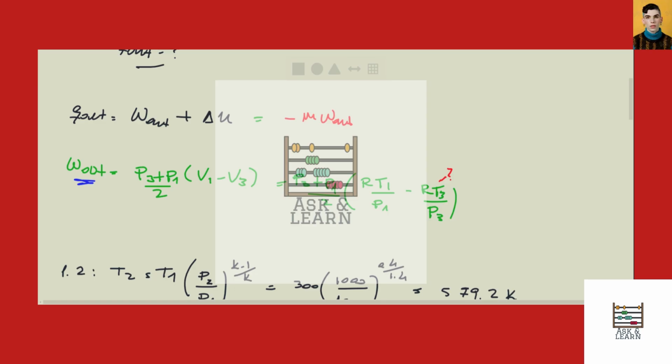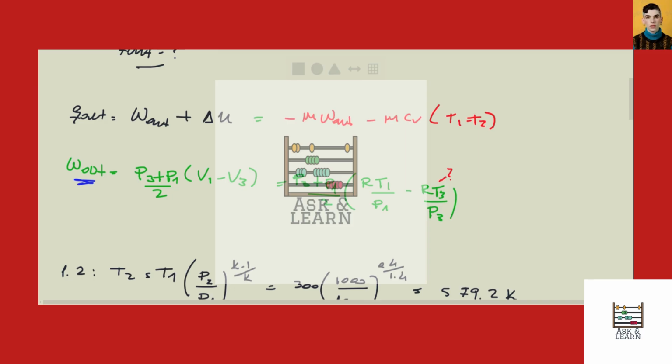Remember that we need to multiply by the mass. Therefore, the energy is going to be divided by the kilogram, minus m Cv (T1 minus T2), which is the change in the internal energy.